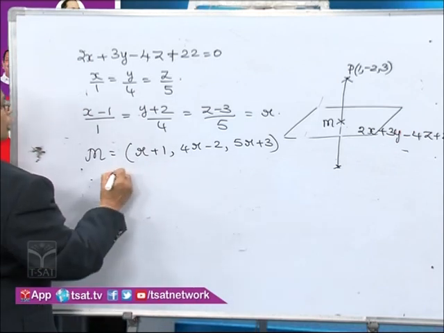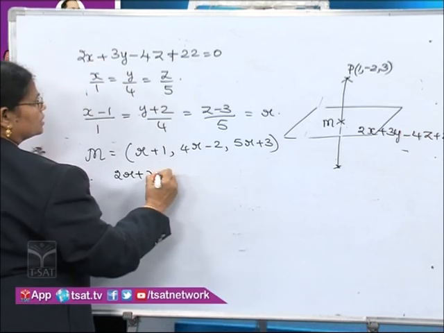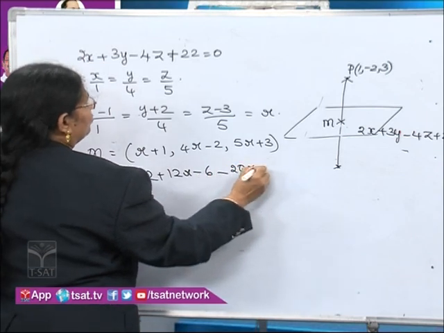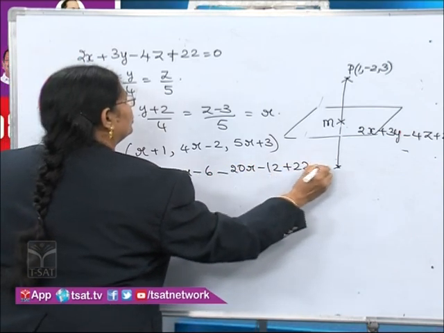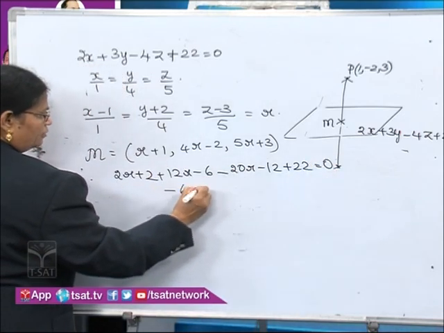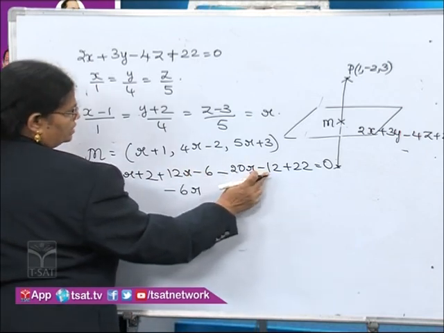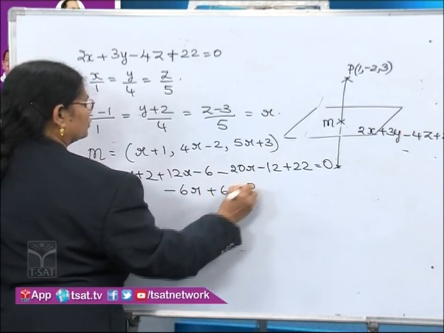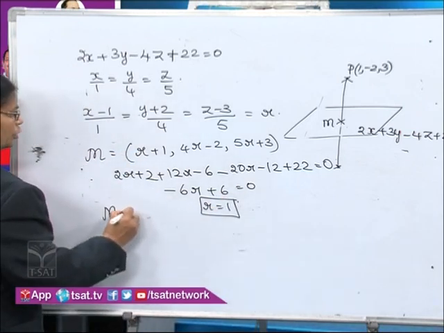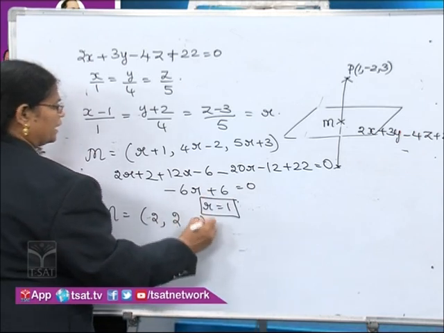Substituting this point in the plane: 2R + 2 + 12R - 6 - 20R - 12 + 22 = 0. Simplifying, -6R + 6 = 0, so R = 1. So, we get the point M to be (2, 2, 8).